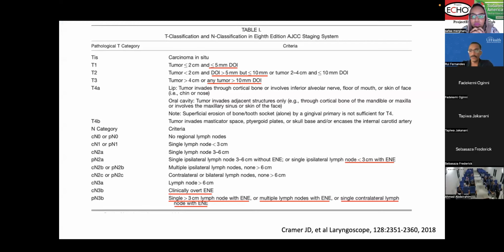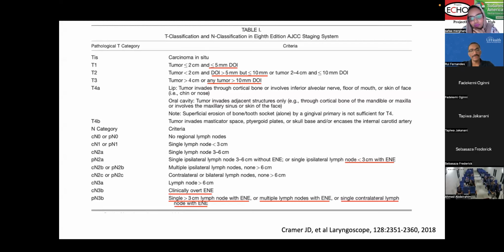Those are things that we have to keep in mind. In terms of nodal disease, the N2 or pathologic N2 looks at nodes less than 3 with extranodal extension, and as you can see, the rest.